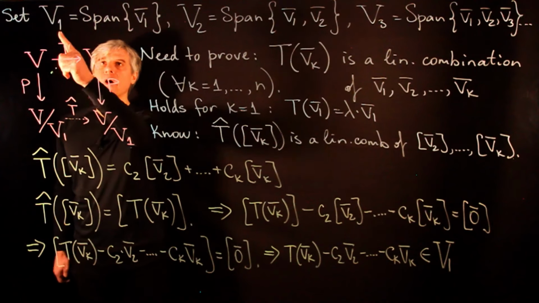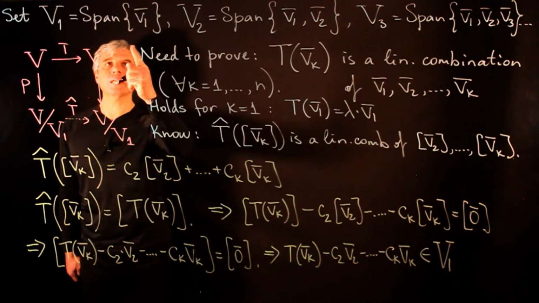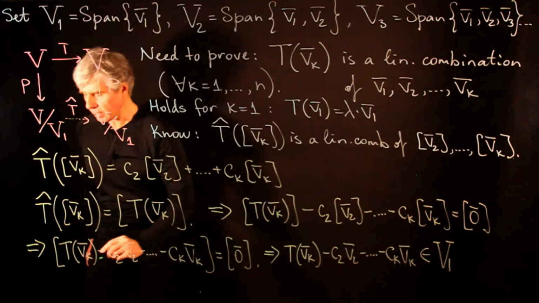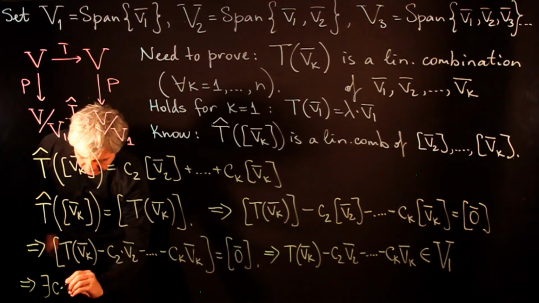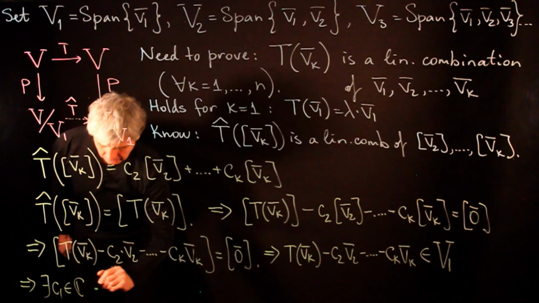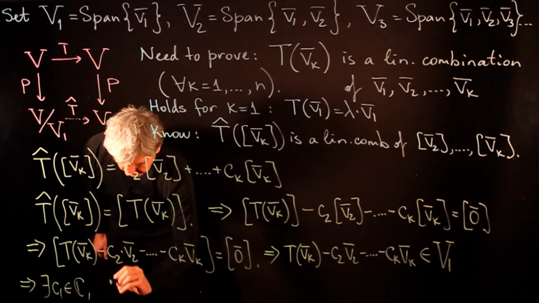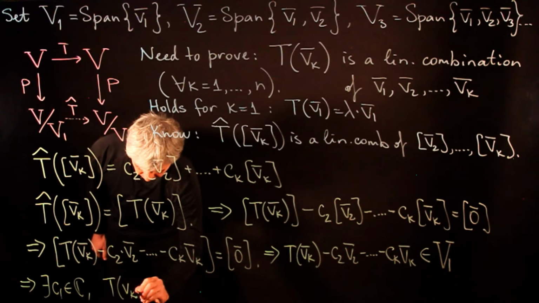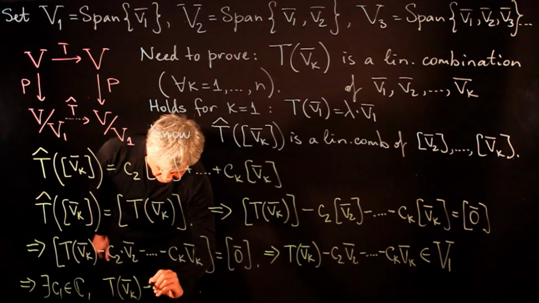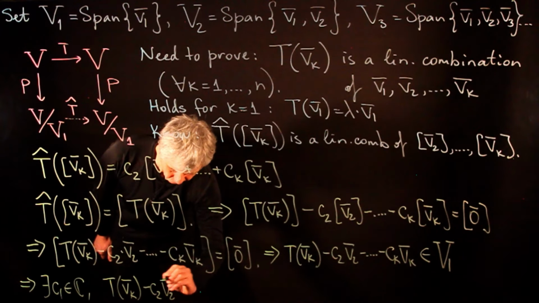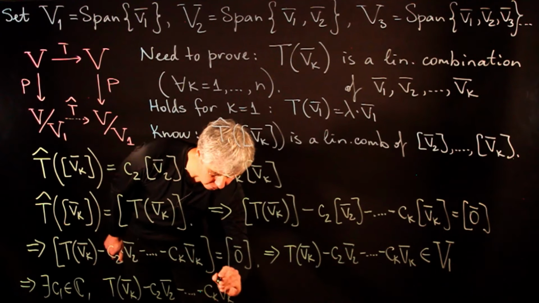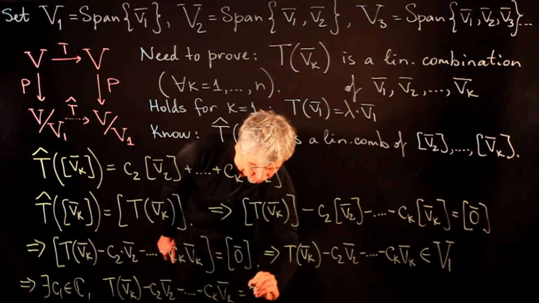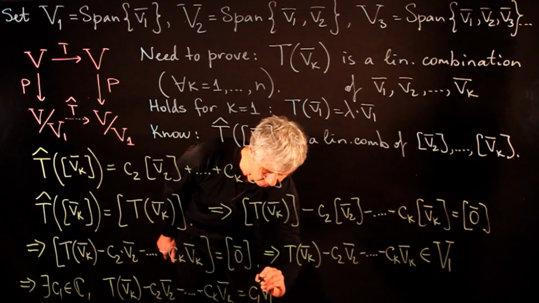And since V1 is a one-dimensional subspace spanned by vector V1, we conclude that there exists a complex number C1 such that T of Vk minus C2 V2 minus Ck Vk is equal to constant multiple of V1.